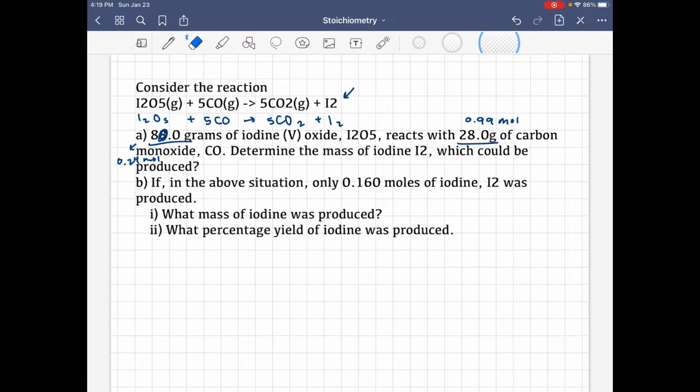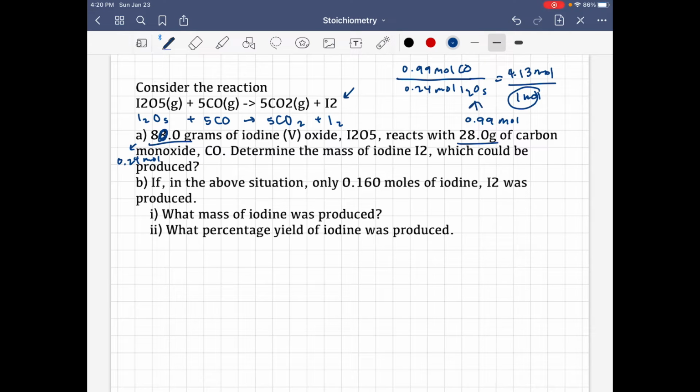Now that we have this, we can compare the ratio. You have 0.99 moles of carbon monoxide and 0.24 moles of I2O5. So these are our reactants. Let's first find how much CO is needed to react with 1 mole of I2O5. When I divide it, I get this, which means 1 mole of this requires this much of this.